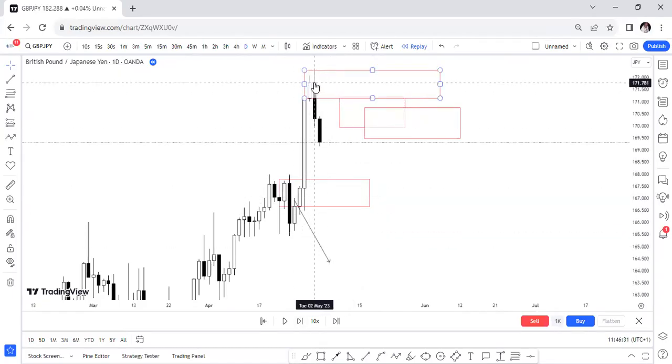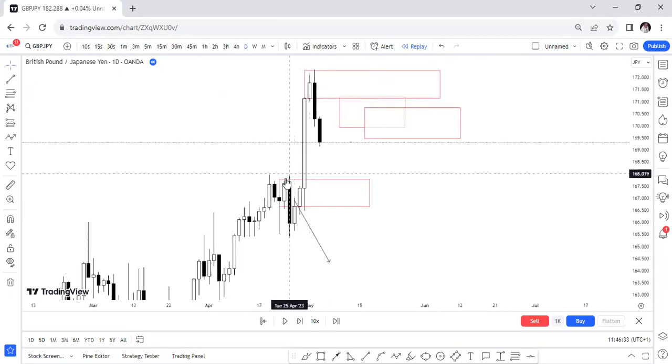This has become a strong high. Why has this place become a weak high? Because it has been taken out. This place becomes a strong low, because this strong low was responsible for taking out this engulfing.